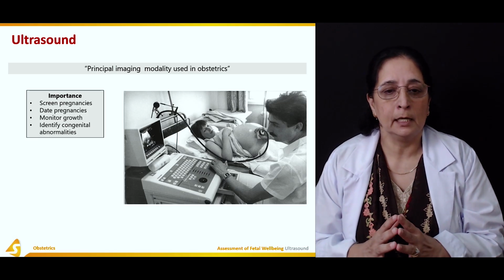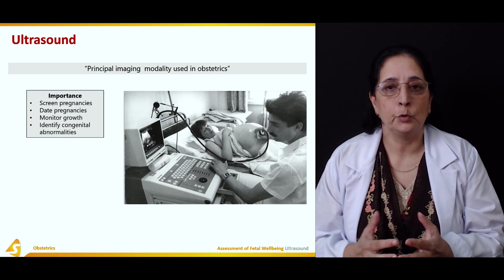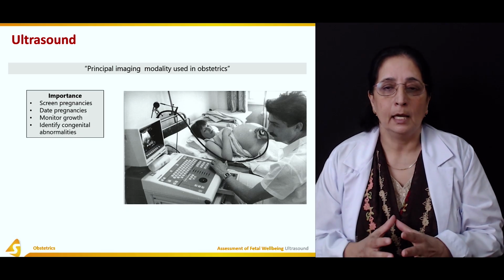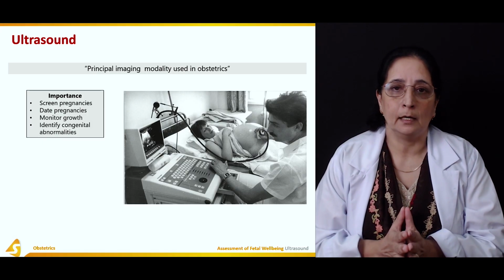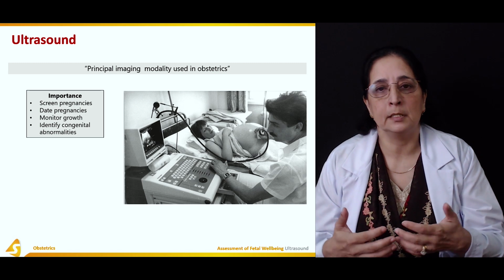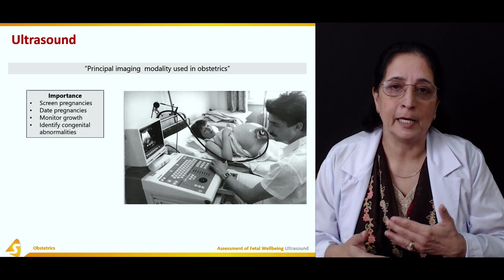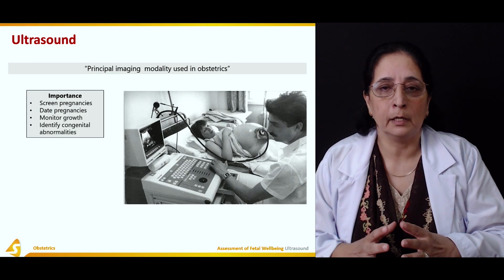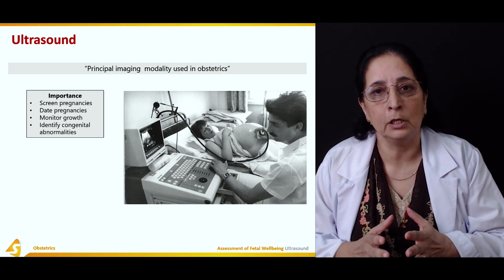The other important use of ultrasound in obstetrics is to identify any congenital abnormalities. If congenital abnormalities are found early, it is the choice of the parents whether they want to keep the pregnancy or abort it, so it gives them options.